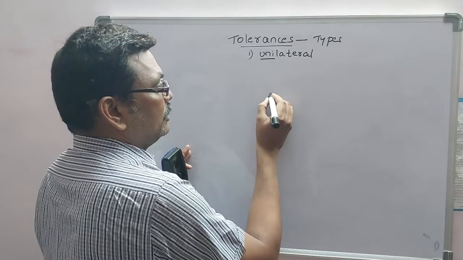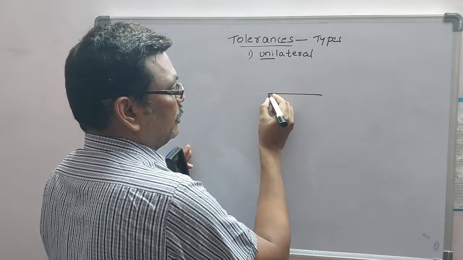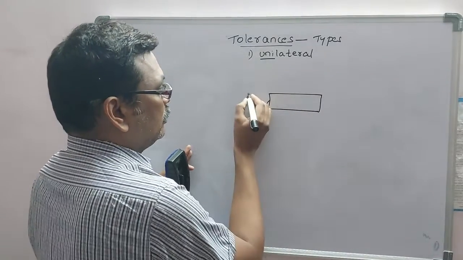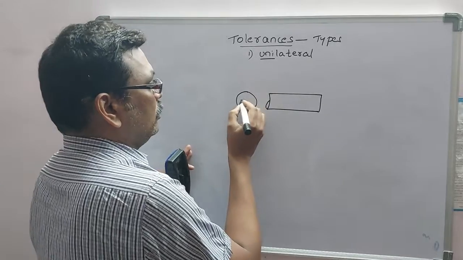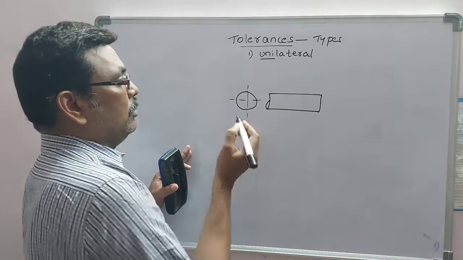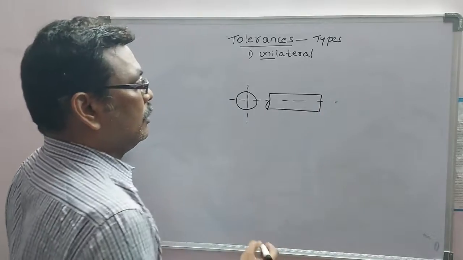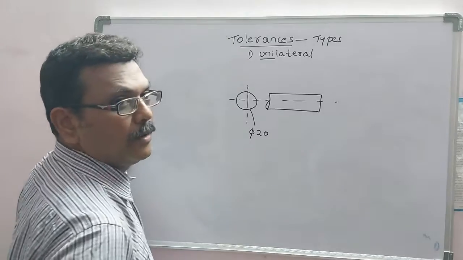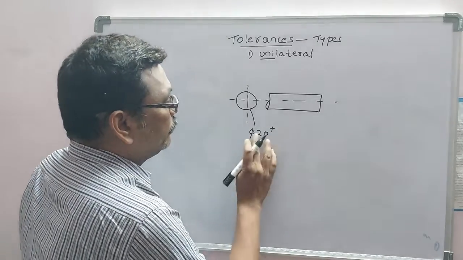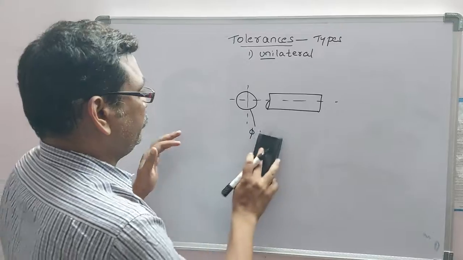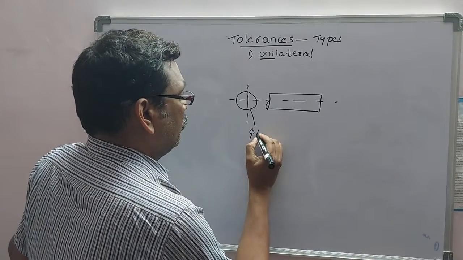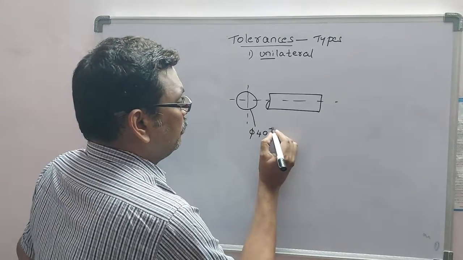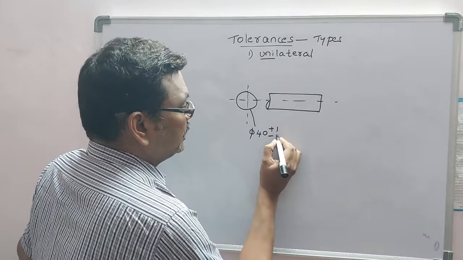Just with an example, I am considering a shaft with a diameter of 40, we can take any, plus 1 minus 0.